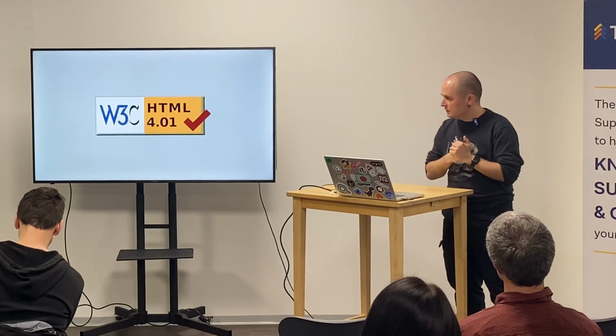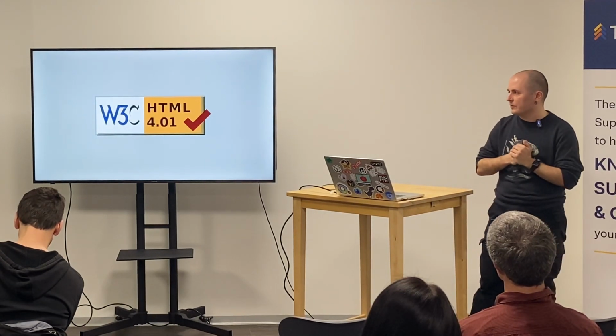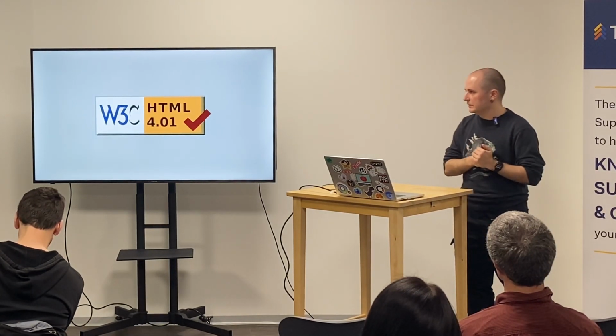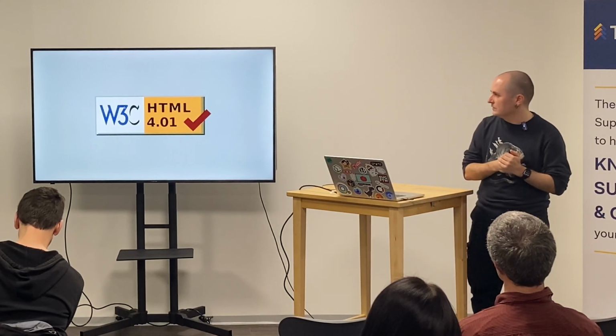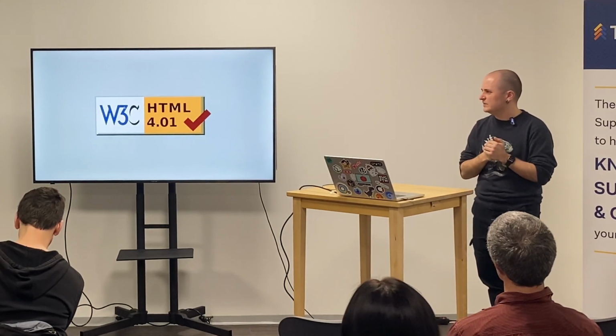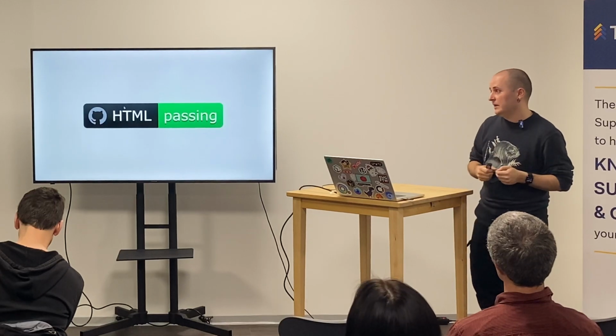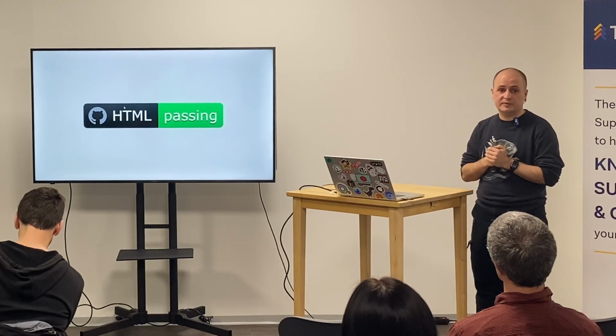And again, in my days, we used to have badges like this on our websites. We were proud that our markup is valid. HTML 4.01, 10, 15 years ago. And these days, I have this kind of badge in my README on GitHub.